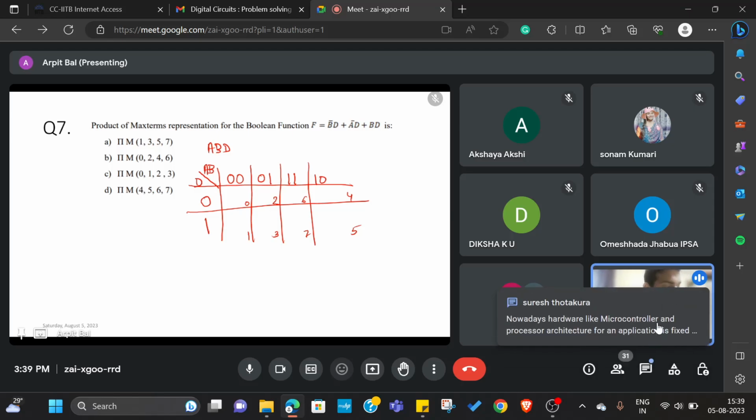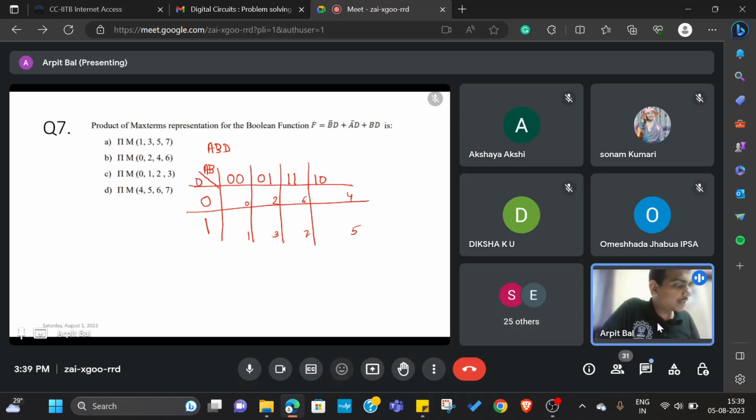When a particular literal is not present, b bar d written means that there is a term a b bar d and also a bar b bar d present in this Boolean function, but it is not visible to us because it is reduced.